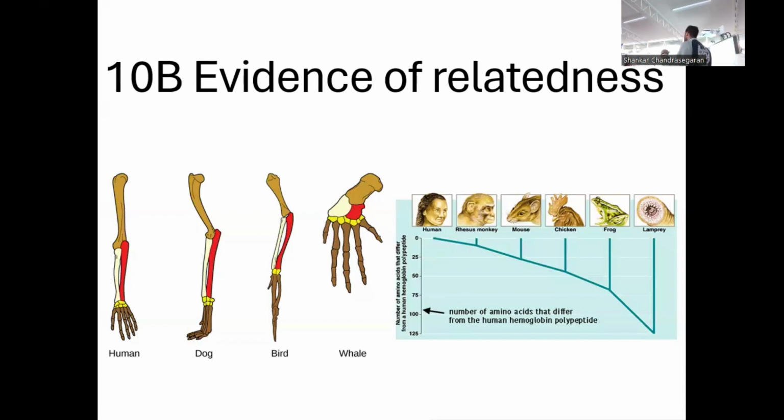So what we are going to do today is look at all of those different species, all of those different divergences, and try to find evidence to relate them all back to their common ancestors. Remember that in the previous chapter, we said that all of them would have originated from one single cell, the first ancestor cell, and eventually that has changed into all these different life forms that we see today.